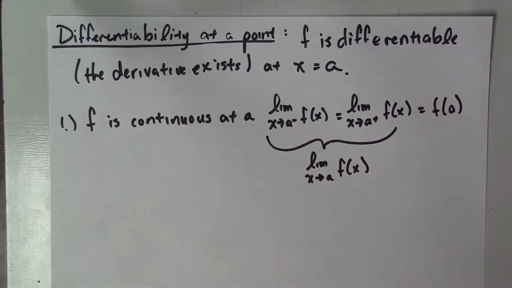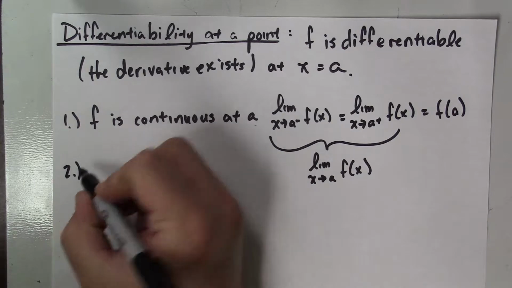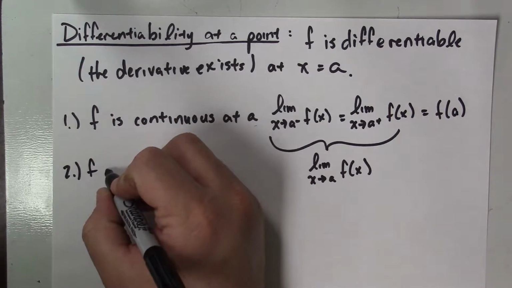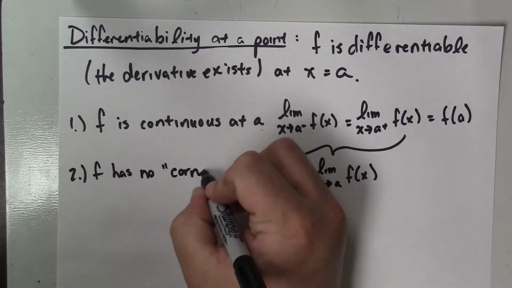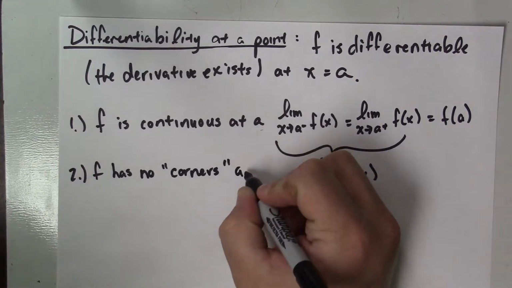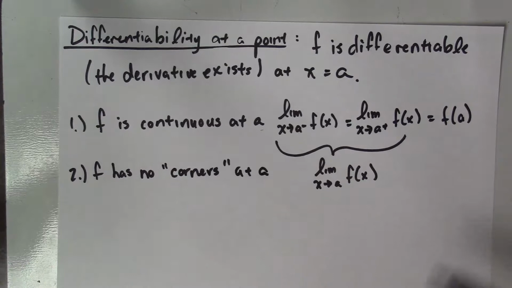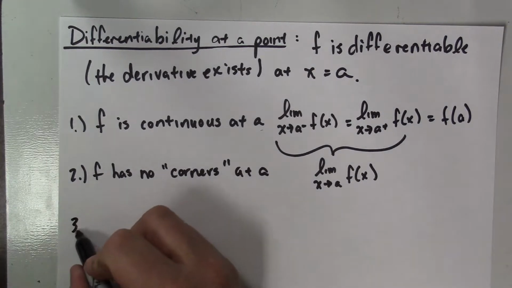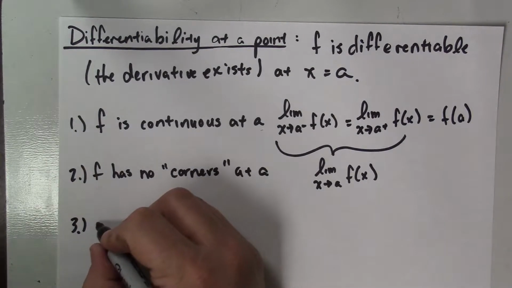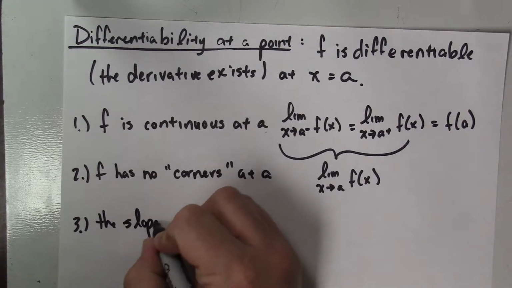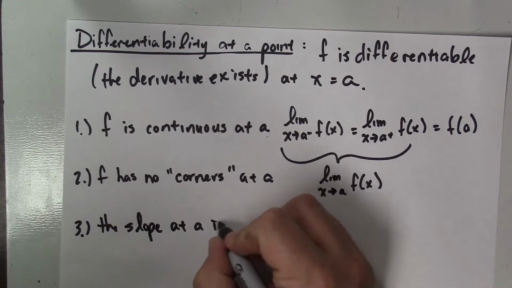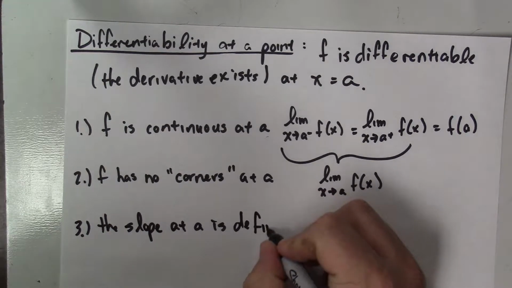Now, second rule, f has no corners at a, and we're going to talk about what that means graphically. And the third one is the slope at a is defined.